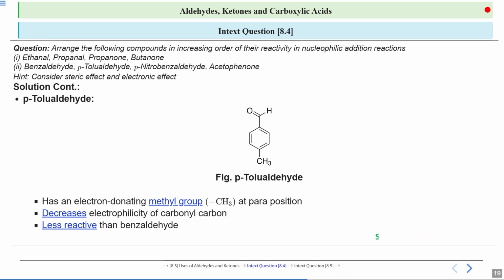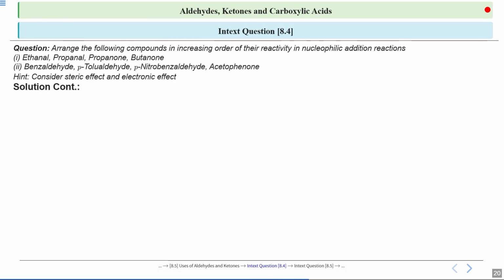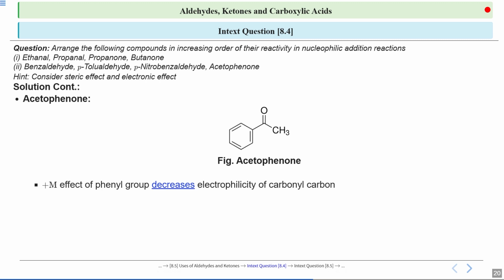And let's talk about the last compound, which is the fourth compound. It is acetophenone. In the case of acetophenone, the +M effect of the phenyl group decreases the electrophilicity of the carbonyl carbon. The phenyl group has a positive mesomeric effect, so the carbon is less likely to attract the nucleophiles because of the electron donating nature of the phenyl ring.